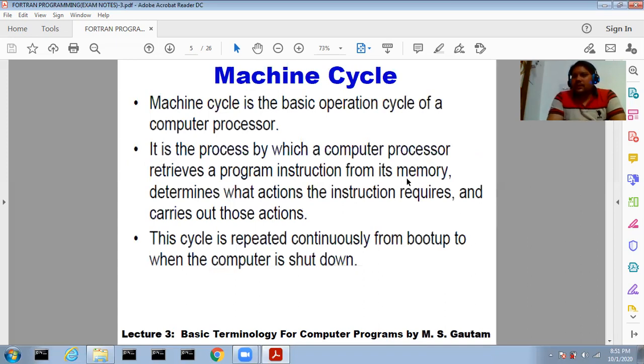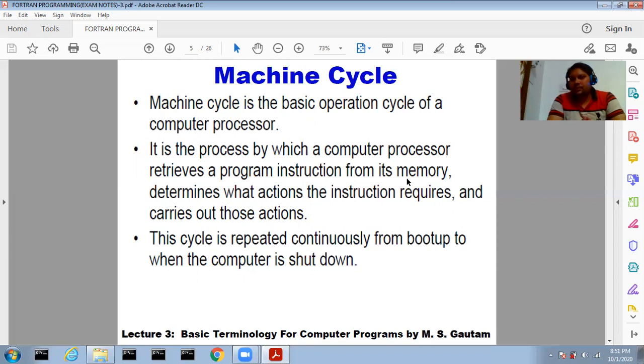Let me define the machine cycle. The question that comes to mind is, what is a machine cycle? The machine cycle is the basic operation cycle of a computer process.